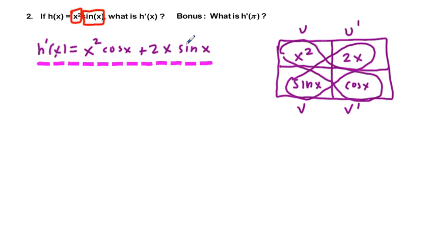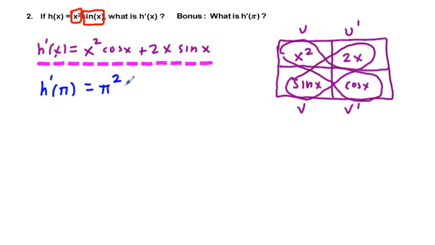So now we're going to find the bonus, what is h prime of pi? So we're going to say h prime of pi is equal to, replacing x with pi, x squared is going to be pi squared times cosine pi.